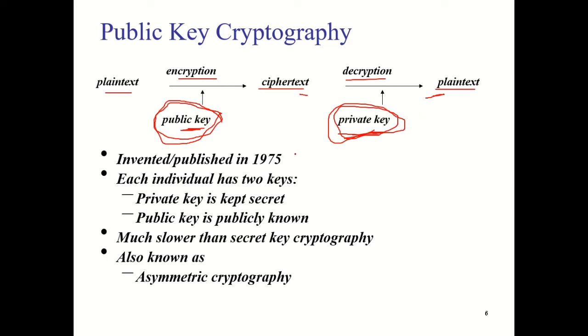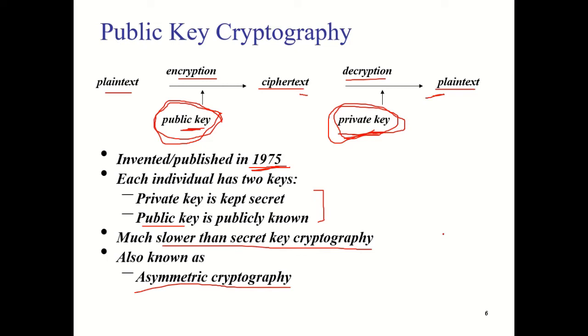The concept of public key cryptography was invented in 1975, but its use actually came into light in 97. In this kind of cryptography we have two keys. One is private, which is kept secret, and another is public, which is publicly known. This is much slower than secret key cryptography, which is the previous version of cryptography, and it is also known as asymmetric cryptography.